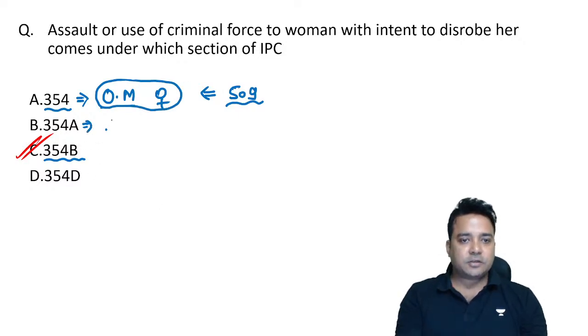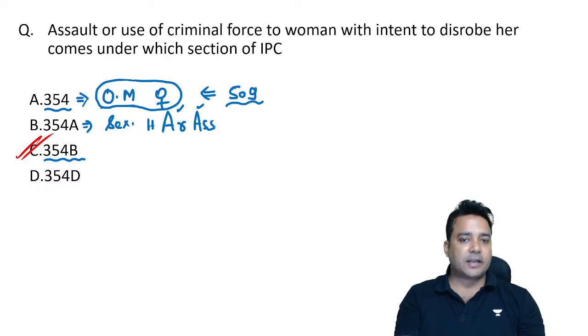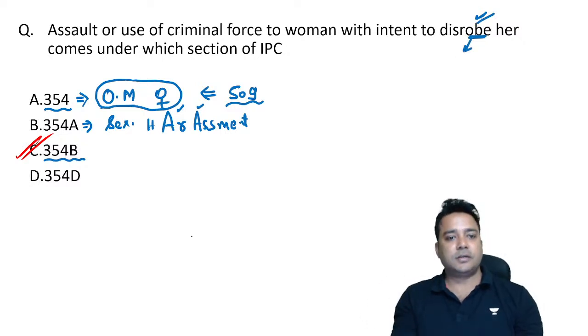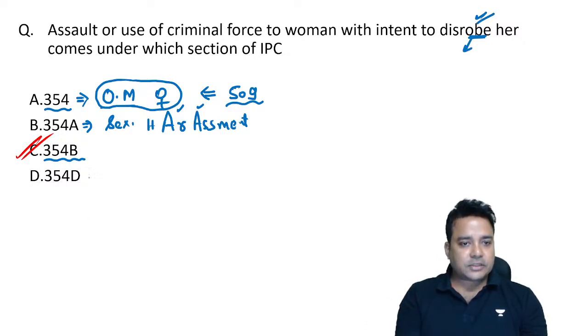354A deals with sexual harassment to a female. हमारा ट्रिक क्या है याद रखने का? harassment का A goes with 354A. 354B goes with disrobing. Disrobe has got B alphabet. Disrobe means to undress a female. 354C is also there.